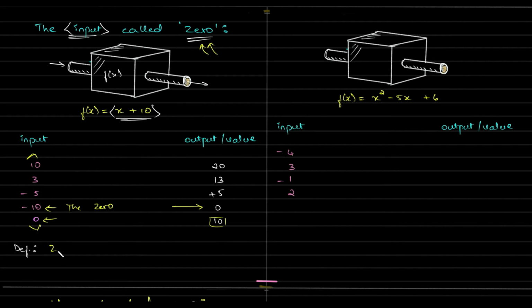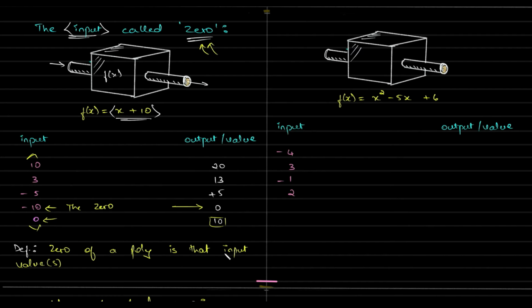So the 0 of a polynomial, if I want to define it, is that input value or values. Sometimes there can be more than one value. Sometimes there might be not any value at all. So we'll be seeing all of this in future.